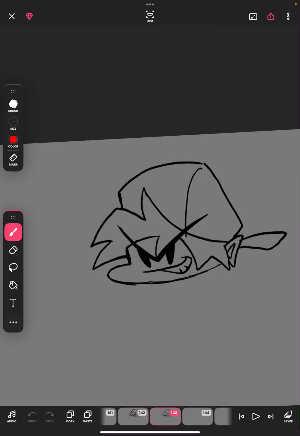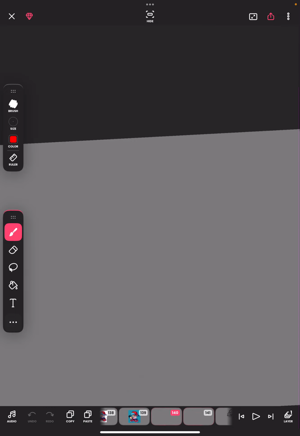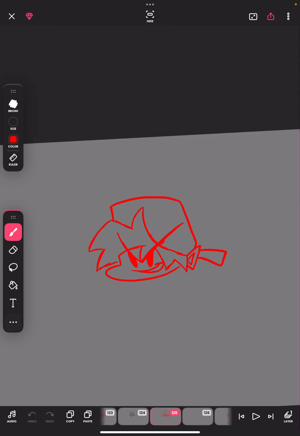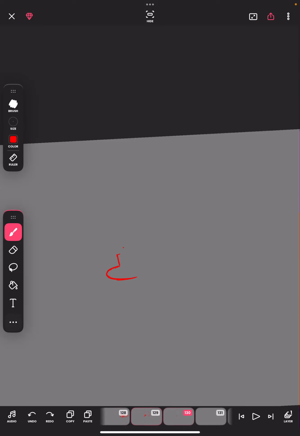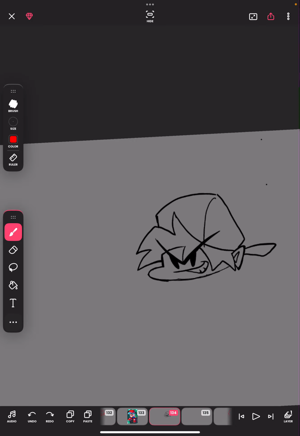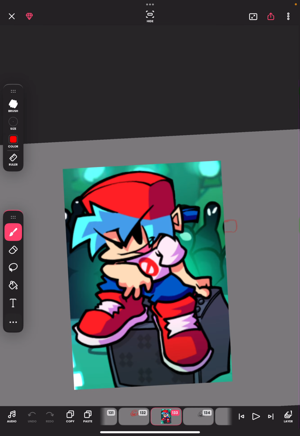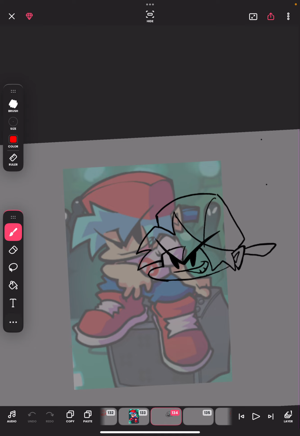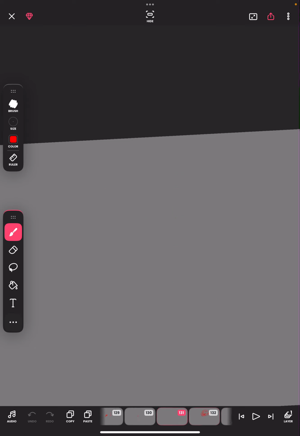What I did then was I copied this, and let me show you. Did I remove the frame? Oh yeah, here. I compared it with this one. I compared the similarities: this one has modern influences while still having some of the classic Boyfriend aesthetics.